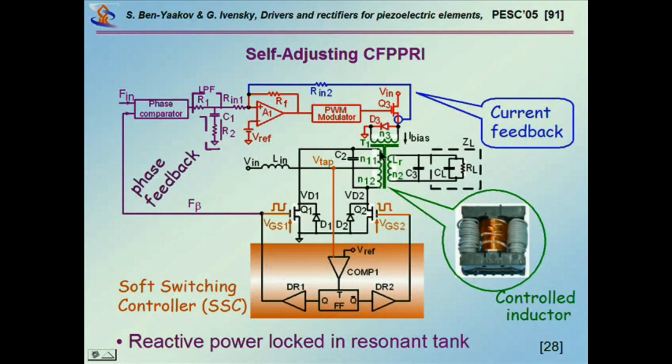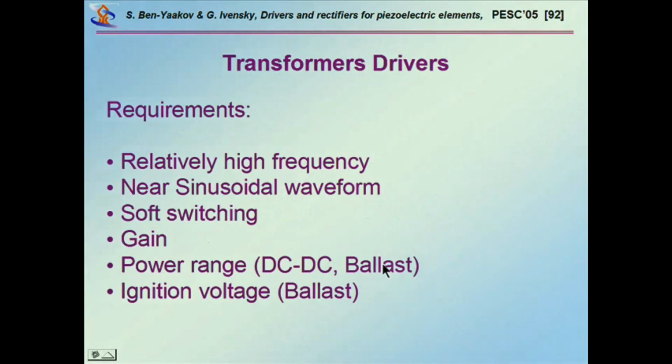It will generate a bias current to push this back and change the inductance so as to create the right resonant frequency, which is equal to the one you want. So this circuit overcomes this problem and works very nicely, and it has been implemented for a piezoelectric motor that really needs different switching frequencies, etc.